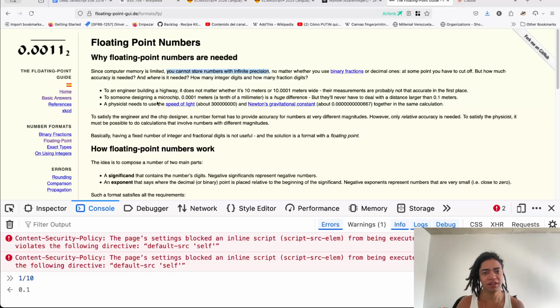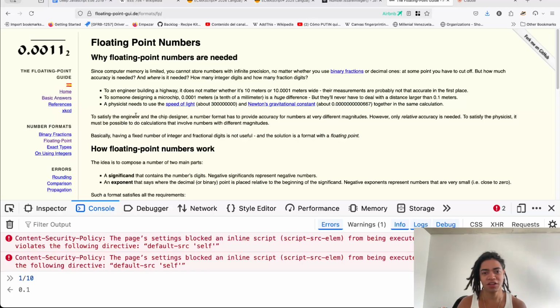A physicist needs to use the speed of light, which is 300 million meters per second, and Newton's gravitational constant together in the same calculation: larger numbers and small numbers.